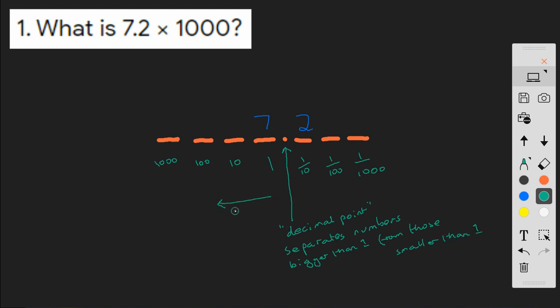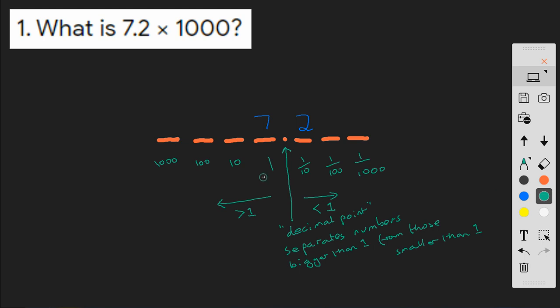So the numbers on this side are bigger than 1 and the numbers this side are smaller than 1. Now in my work here, our decimal point is never going to move because it's just a separator. It's a separator between these columns, and you'll see why in a moment.